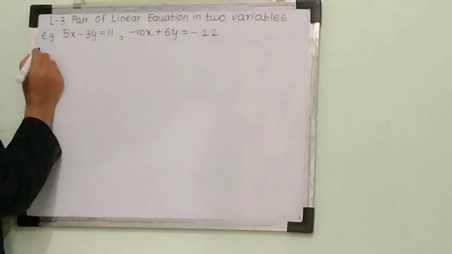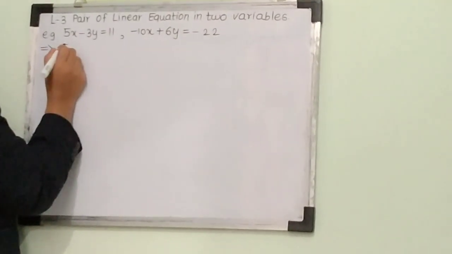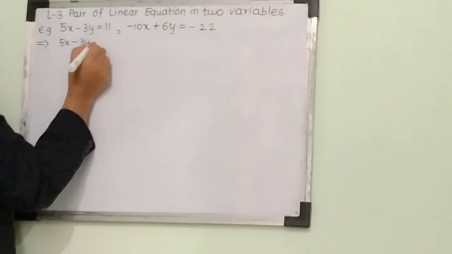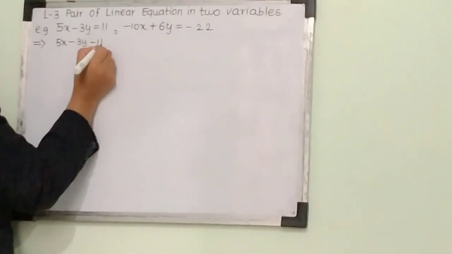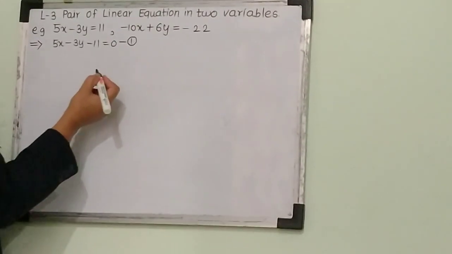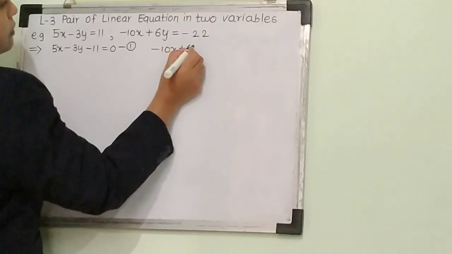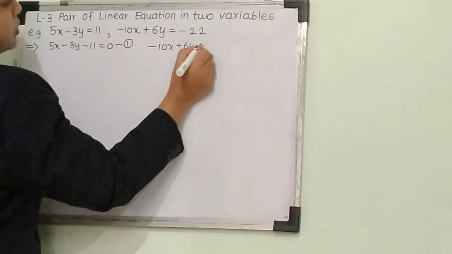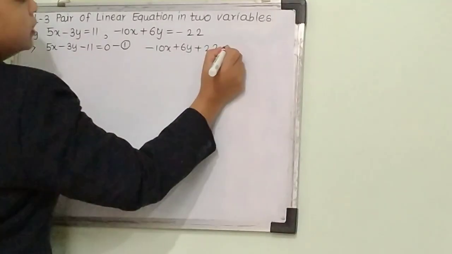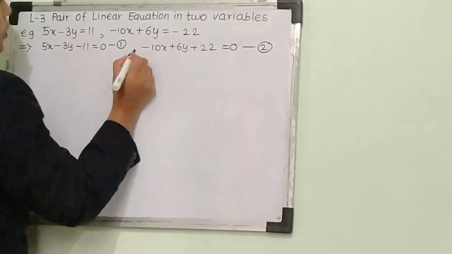For this, first we have to rearrange these equations in standard form. So 5x minus 3y, 11 will come to this side, it becomes minus, equals to 0, that is the first equation. And second, minus 10x plus 6y, minus 22 comes to this side, it becomes plus 22 equals to 0, that is equation number 2.